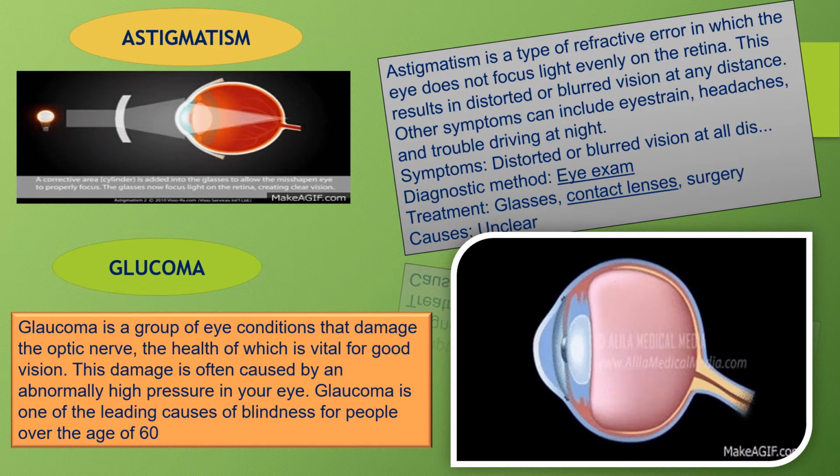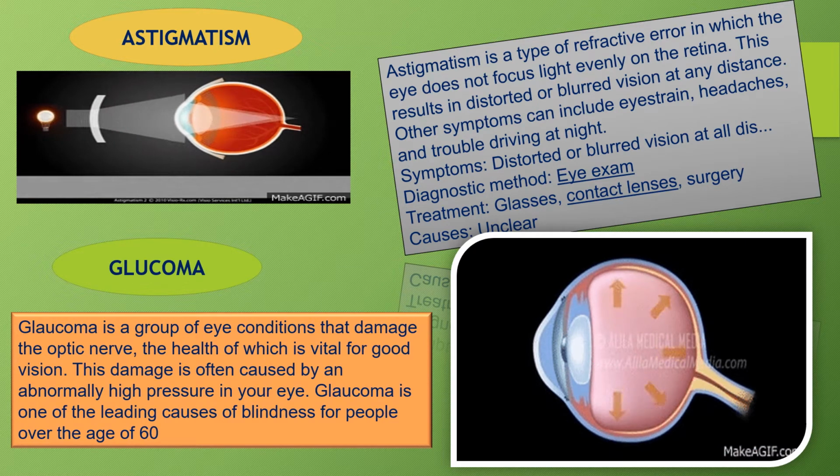This condition develops due to the uneven anterior surface of the cornea or irregular curvature of the lens. As a result, the rays from every part of the object are not brought into sharp focus on the retina. This defect can be corrected by using a cylindrical lens in the axis of the defect.